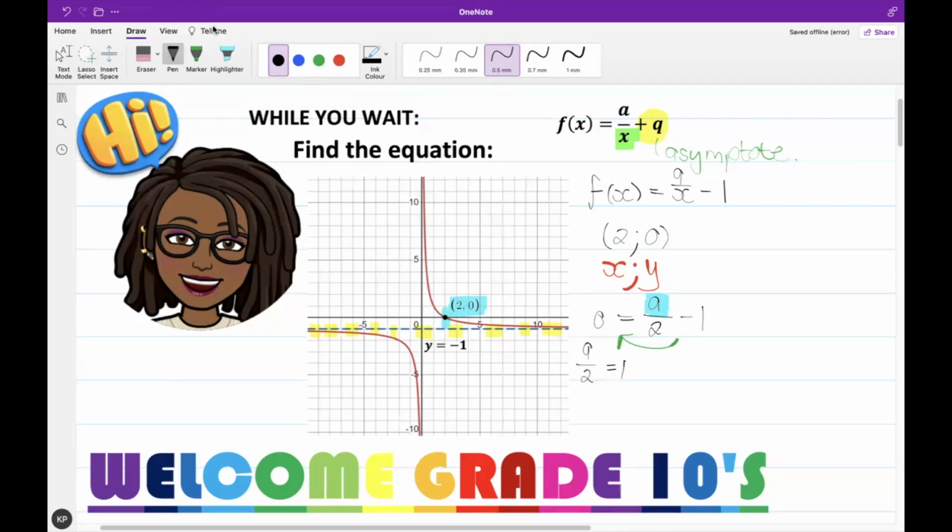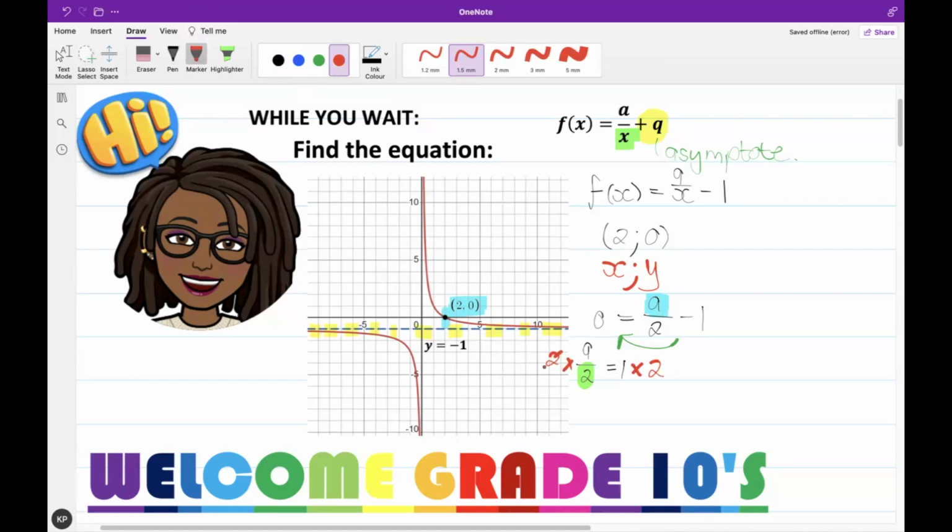Great. Now the only thing left to get rid of here is my divided by 2. And what is my inverse operation for divided by 2? I know we know this, don't be shy. My inverse operation for divided by 2, thank you, Andy. So we have to multiply by 2 on both sides.